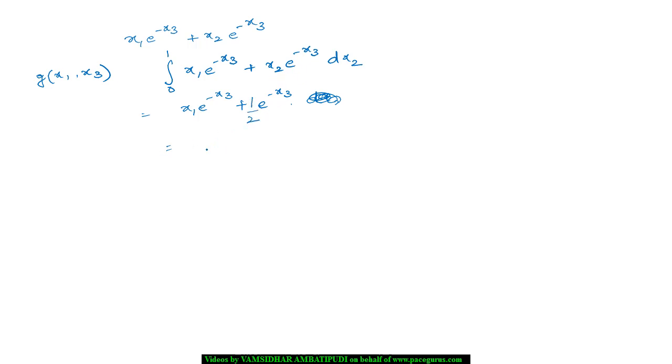So it becomes e to the power of minus x3 times x1 plus 1 by 2. So this is g of x1 comma x3.